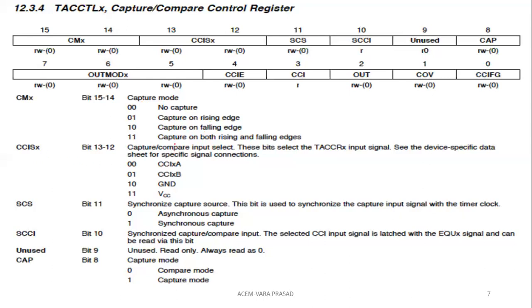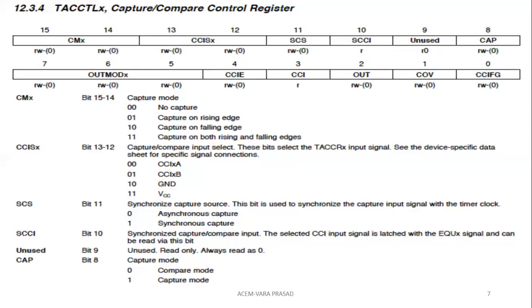Then CCIS means capture compare input selection. That means capture compare input A, input B, ground, and VCC. Then SCS means synchronize capture source. We have two capturing modes. One is asynchronous capturing and another is synchronous capturing.